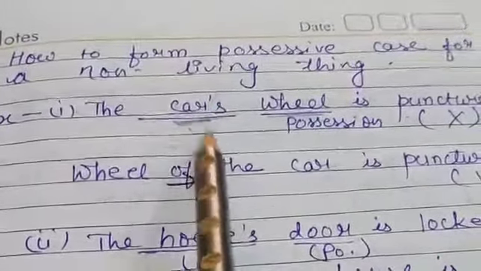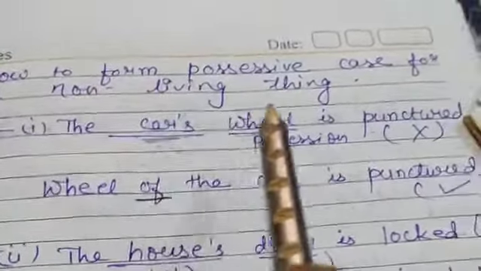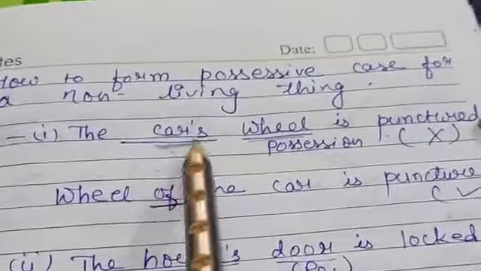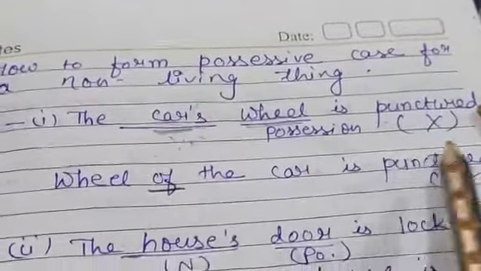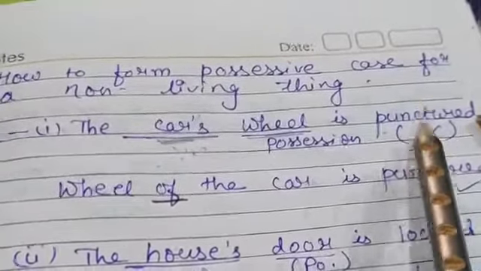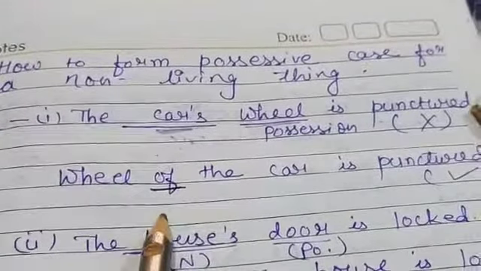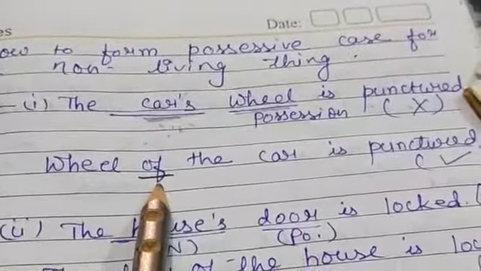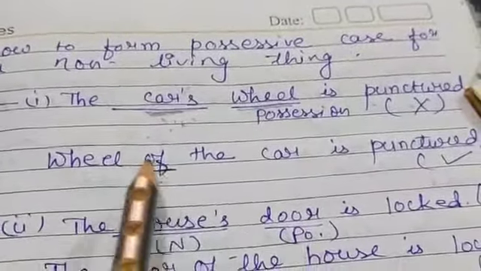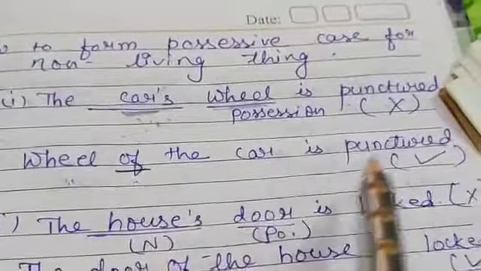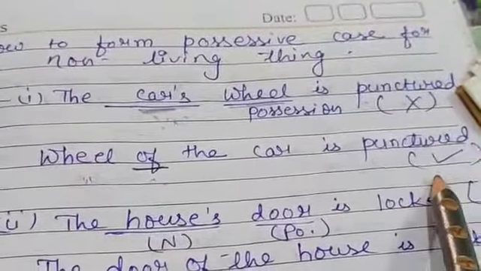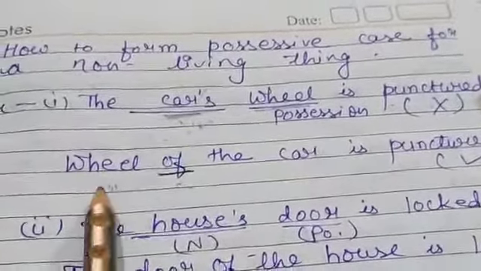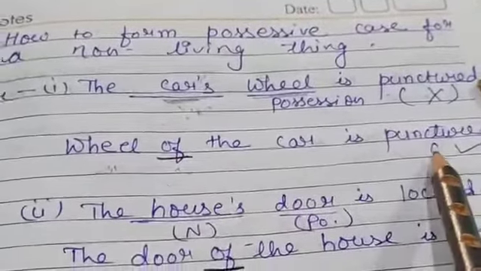But car is a non-living thing, remember. So this use of apostrophe S here is wrong. What do we have to write? We have to use the of pattern. First we take the possession, that is wheel. Wheel of the car is punctured. This is the correct sentence.